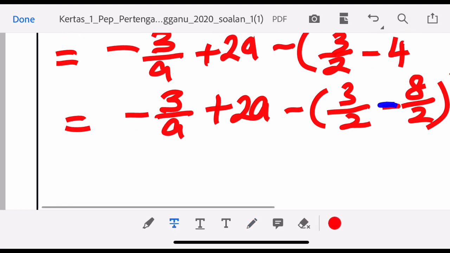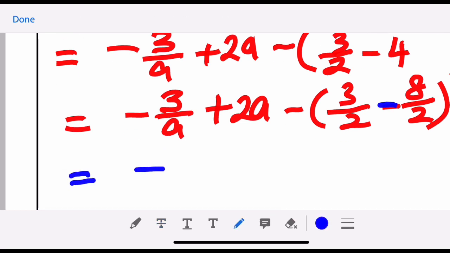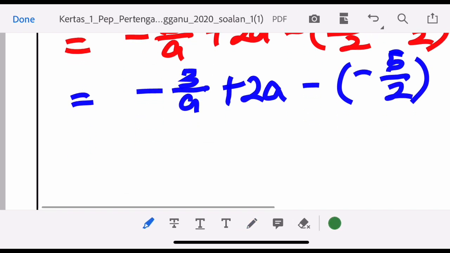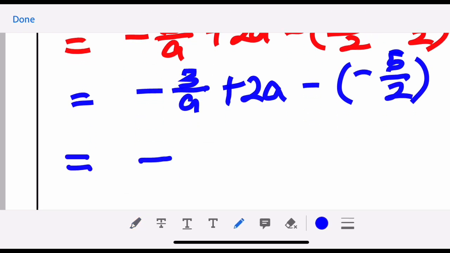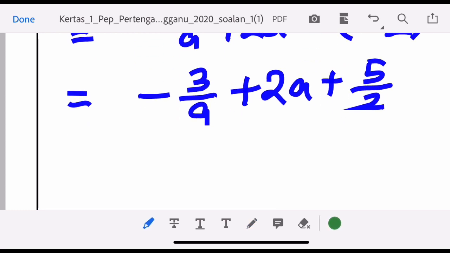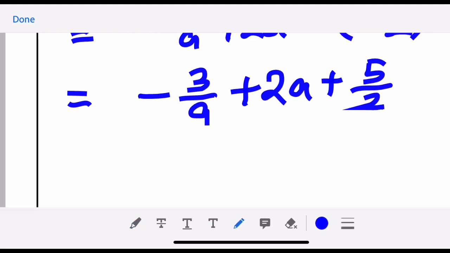So finally the answer will be like this: negative 3/a plus 2a minus negative 5/2. Then again you have to simplify until the simplest form. Alright, this is the answer. This is the best answer, or else you can give me another form. If you want to give me that answer, fine, I can accept.